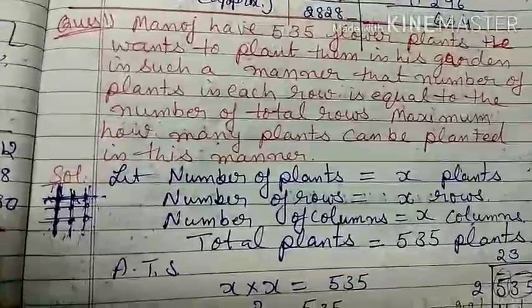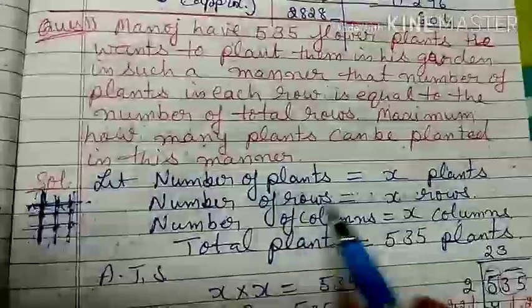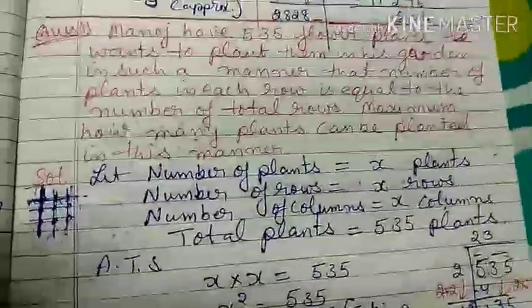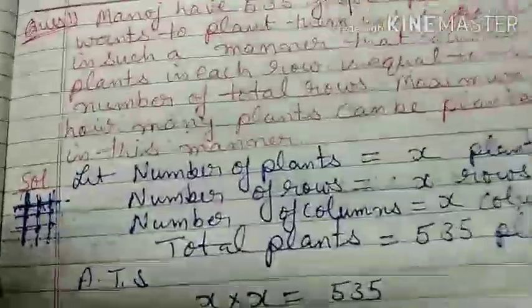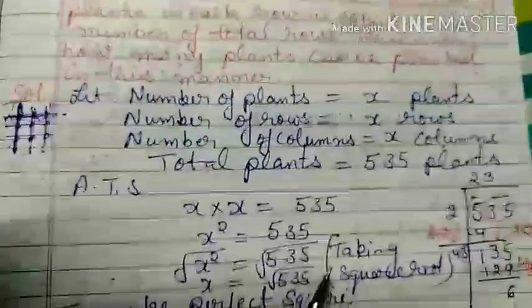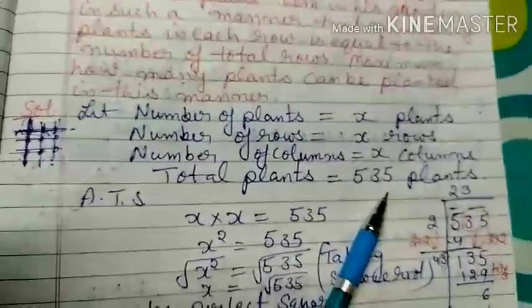So in that case, if number of plants is x, number of rows is x, number of columns is x. Number of plants we consider as number of columns, because when a column cuts the row, that is the position of the plants. So first we will check if Manoj has 535 plants.